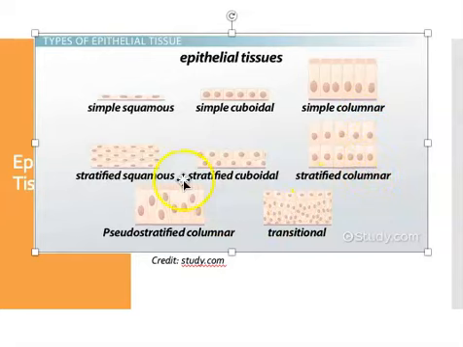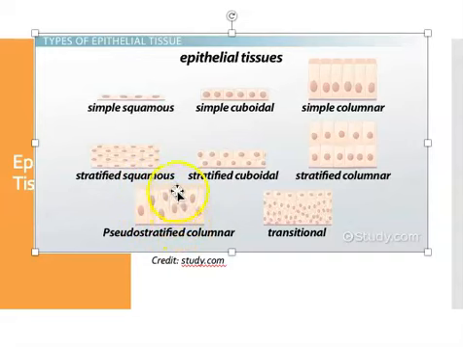Now, this is a representation of pseudo-stratified columnar epithelium. Remember, this is technically a single layer of cells, but when you look at it at first, it looks layered. It looks like there are multiple layers of cells here. You have to get down and look at, under a microscope, the individual cell boundaries in order to realize that this is one layer of cells.